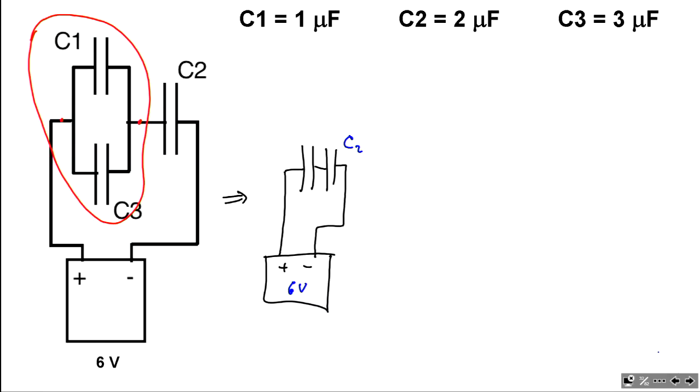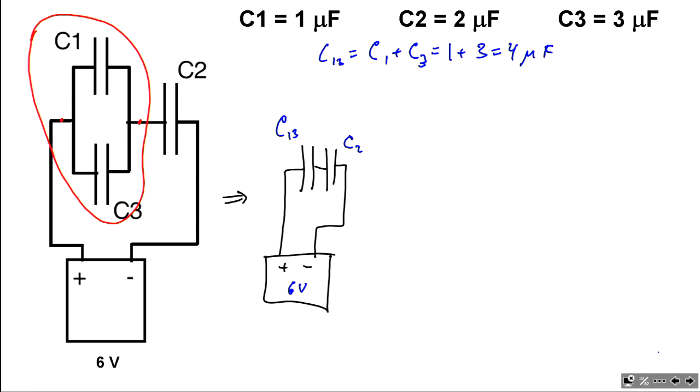But we have replaced two capacitors, first and third, with one. The equivalent capacitance of this new capacitor should be equal to what? Because it's parallel, it should be equal to just the sum, which is 1 plus 3, 4 microfarads.